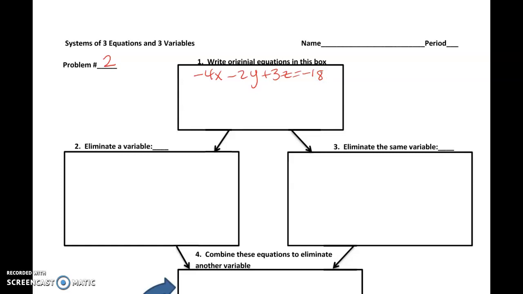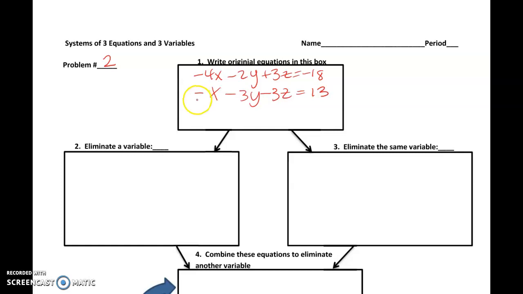I always double check my signs because for some reason that's where I make my errors when I copy down problems. So I have negative 4x minus 2y plus 3z equals negative 18. Good. Then I have negative x minus 3y minus 3z equals positive 13.